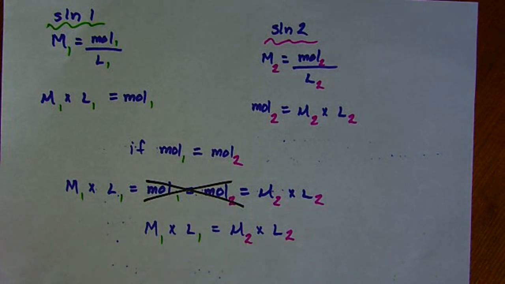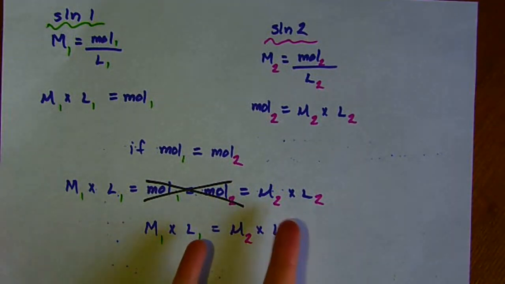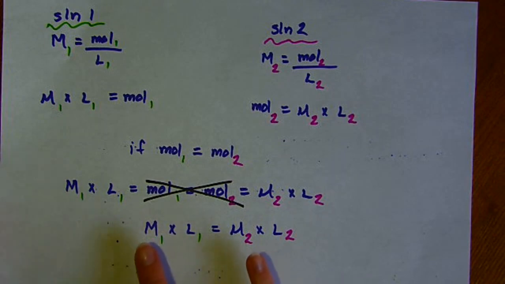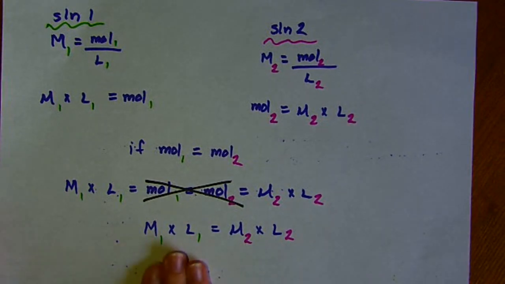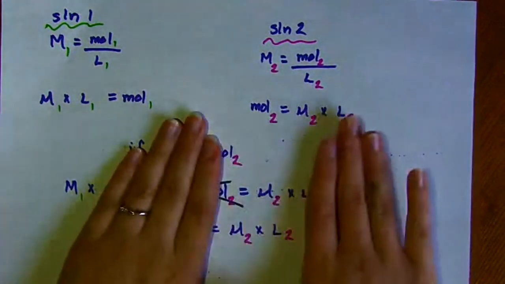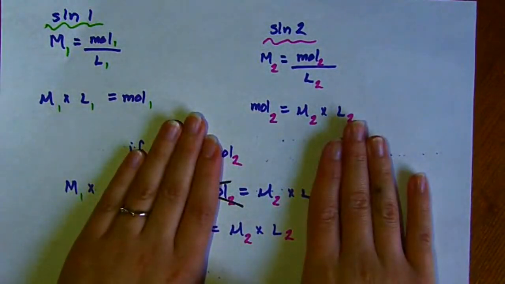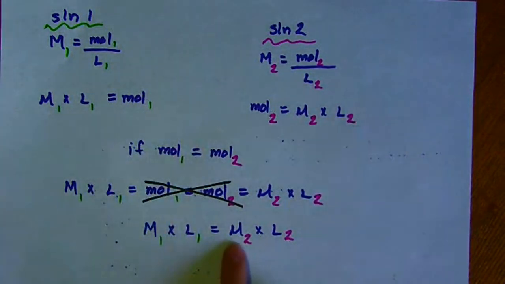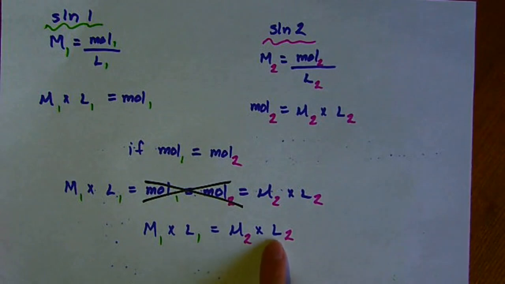Okay. It also doesn't matter which side of the equal sign your subscripts appear on, as long as one side of your equal sign is referring to one solution and the other side of your equal sign is referring to the other solution. It's important that the concentration of one of your solutions is paired with the volume of that same solution.